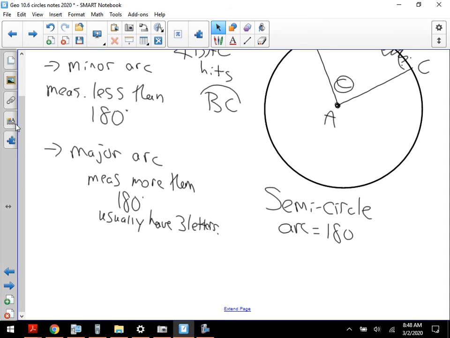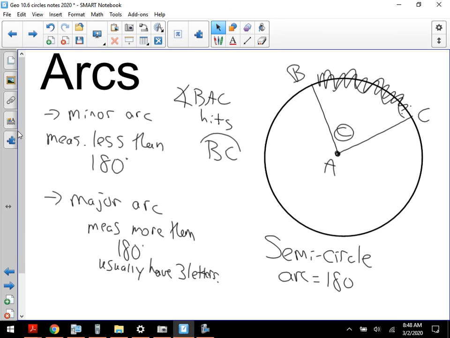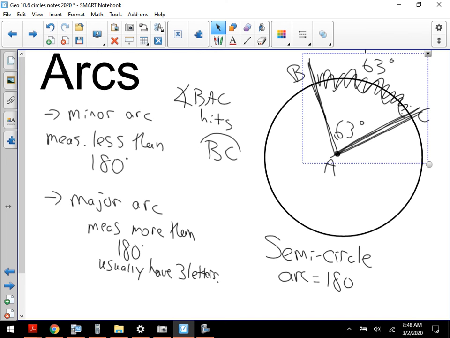So, for example, here we have this angle. If this angle was 63 degrees, the arc that it runs into is also 63 degrees. And we'll get to that here in a second.